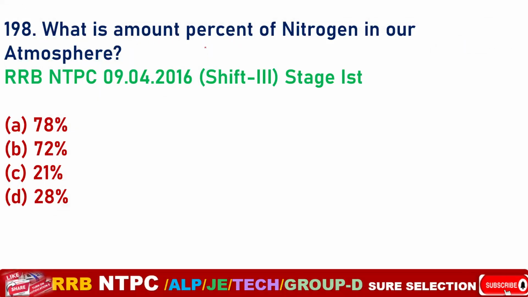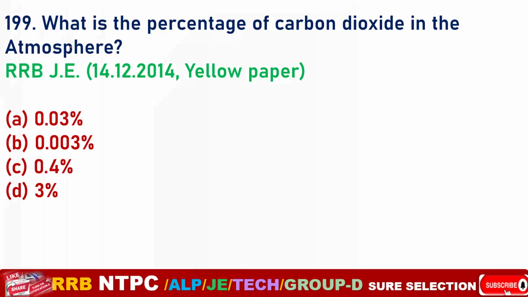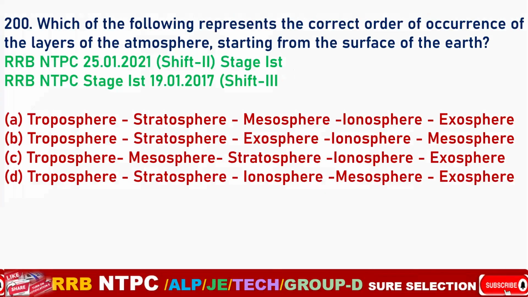What is the percent of nitrogen in our atmosphere? It is a maximum of 78%, everyone knows that. What is the percentage of carbon dioxide in the atmosphere? As I said, 0.03%. Which of the following represents the correct order of occurrence of the layers of the atmosphere starting from the surface of the earth?